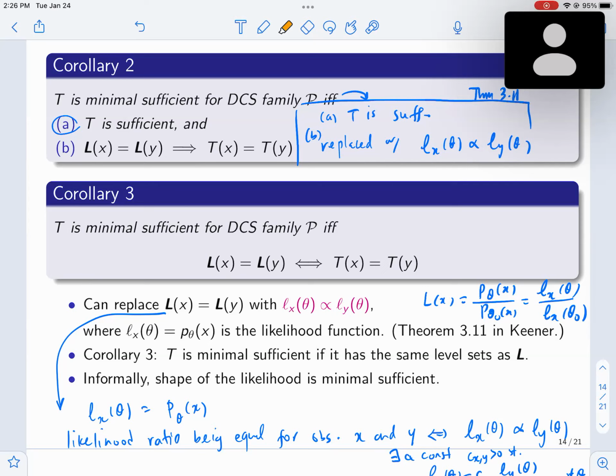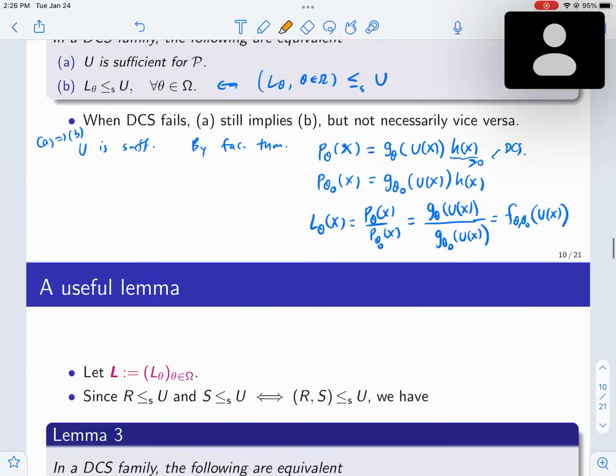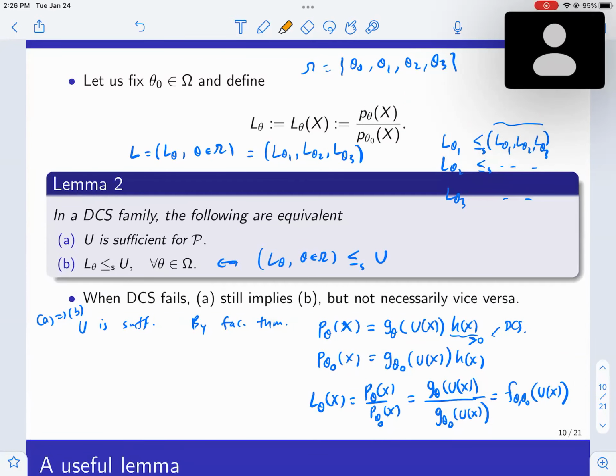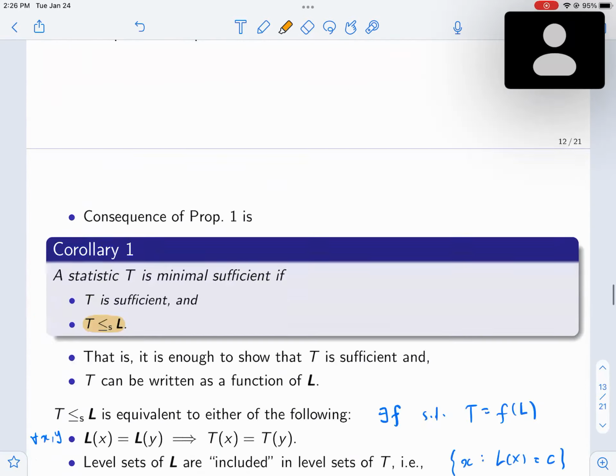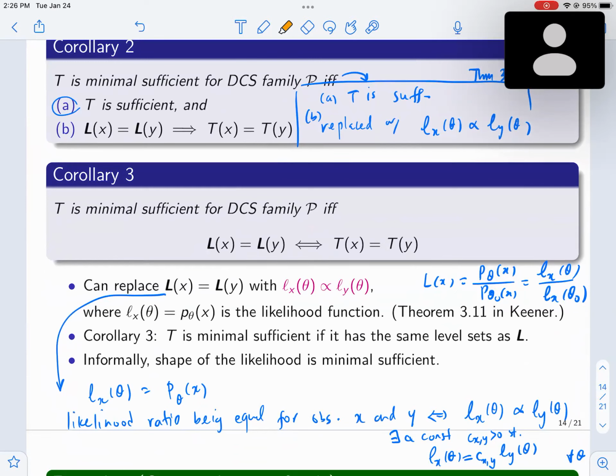We'll see some examples. It's a little bit abstract. I just want to say that you might see this in various formats, as long as you understand what you're doing. Basically, the only thing is something like this, and this follows from the factorization theorem. Once you have this, then the rest follows.